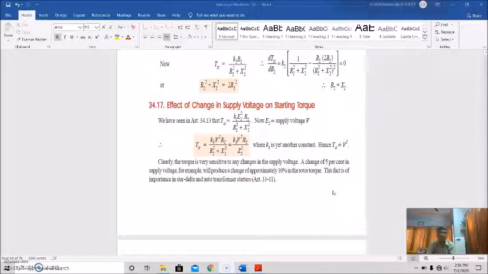And what will be the effect of a change in supply voltage on the starting torque? You know, starting torque is expressed as K1 E2 squared R2 by R2 squared plus X2 squared.